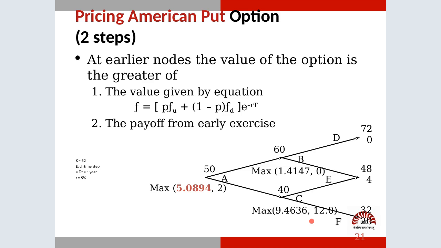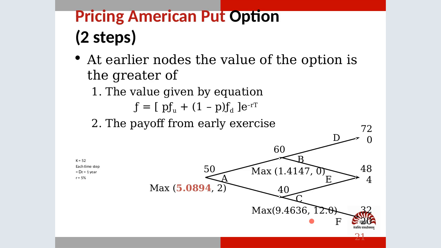From immediate exercise, because now the price of the underlying is 40, the strike is 52, and therefore you will be able to exercise it. It's a put option, so look at the payoff. Payoff is X, or strike, minus the spot. So 52 minus 40, which is 12. Obviously 12 is greater than 0, so the payoff is 12.